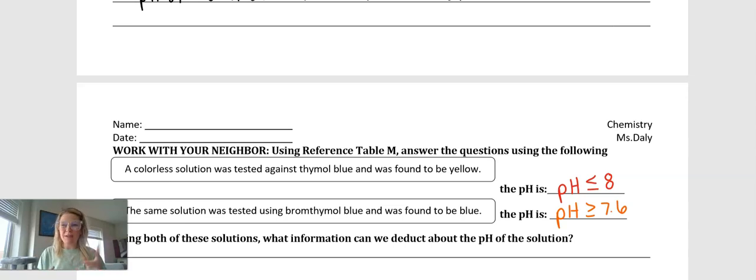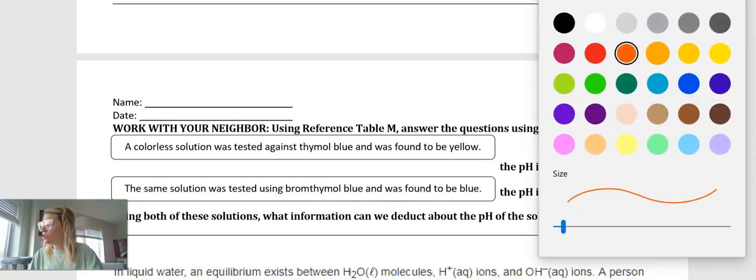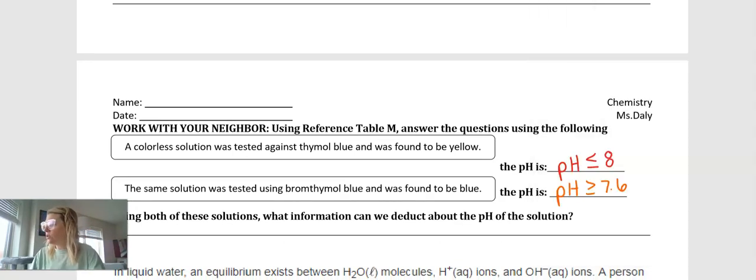So based on this, we've now used 2 indicators on the same solution. What information can we deduce about the pH? Well, looking at these values, this actually tells us a lot of information. We now know that there's a very small range in which our pH can exist. So our pH, according to this solution now, can only fall between 7.6 and 8.